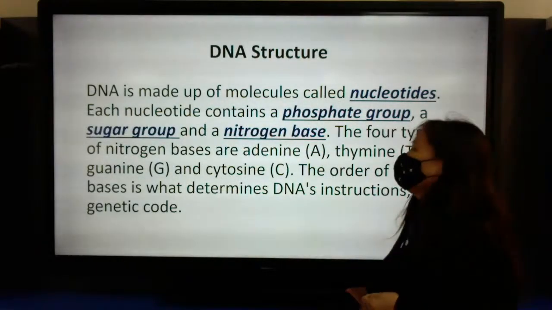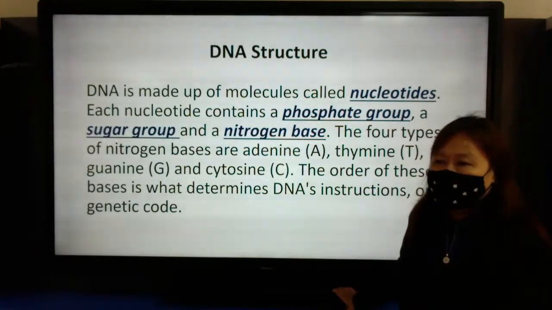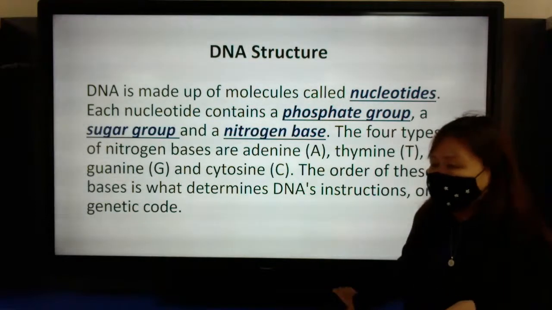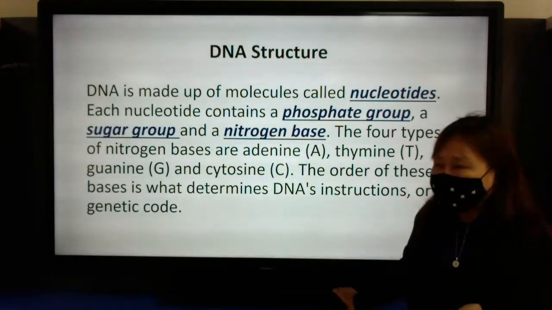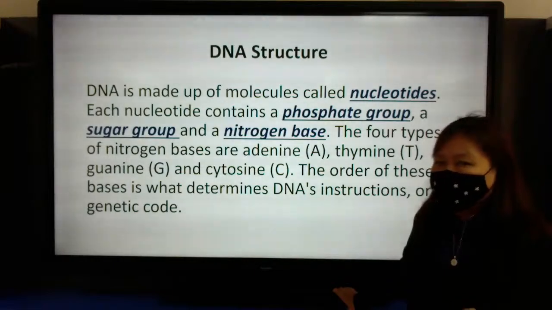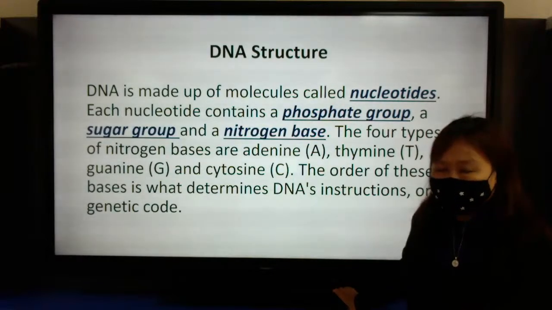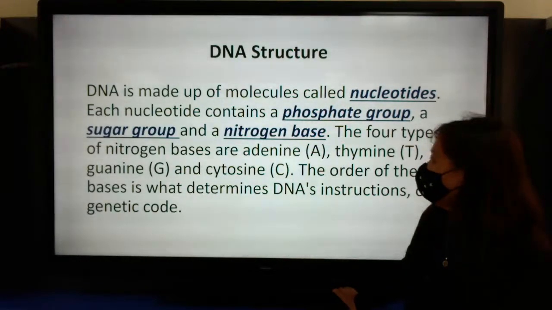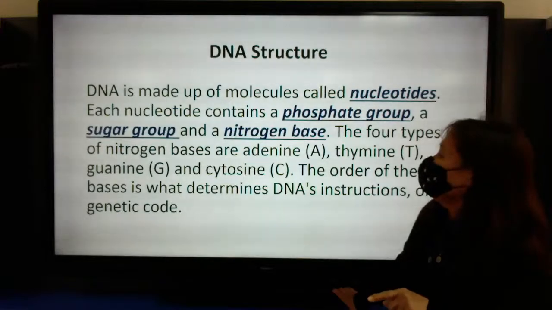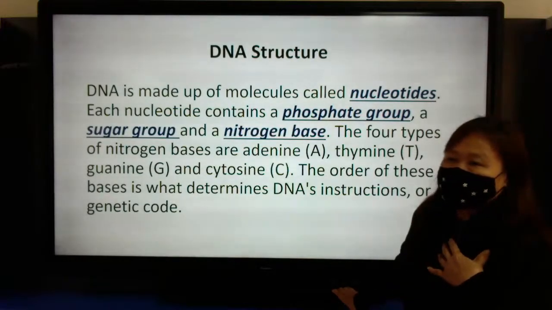Now, what does the DNA molecule look like? Again, students, I would like you to take note that the main function of the DNA molecule is to store genetic materials that you will inherit from your mother and father. Now, it's like people. We have parts.